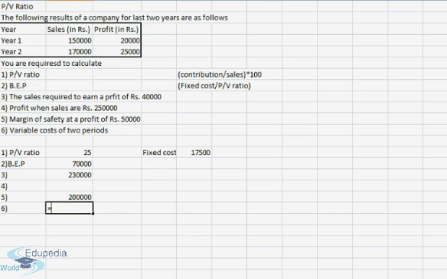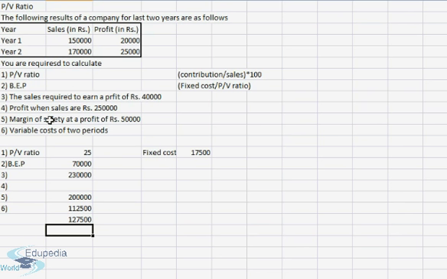So we just multiply the sales given by 0.75 or 75% to know the variable cost for the first year. Similarly, you can calculate the variable cost for the second year. You multiply it by 0.75.